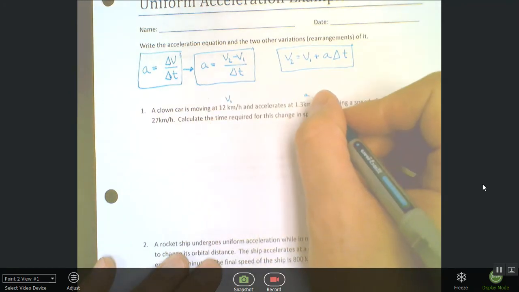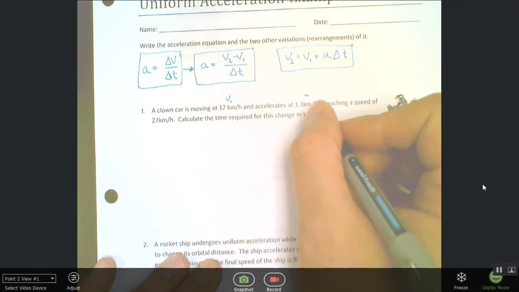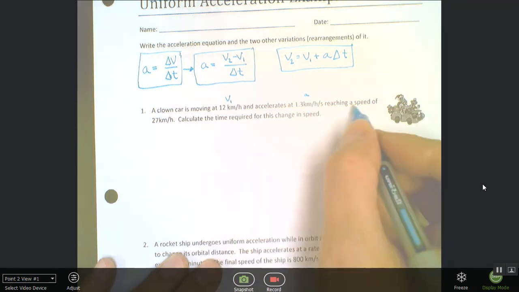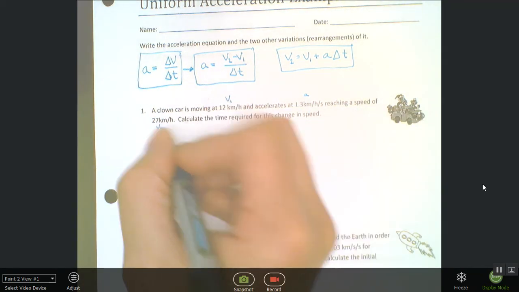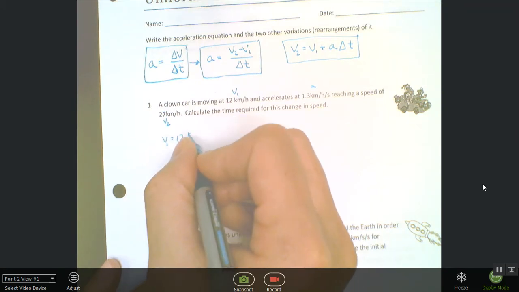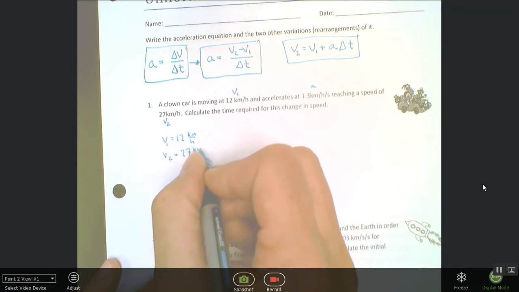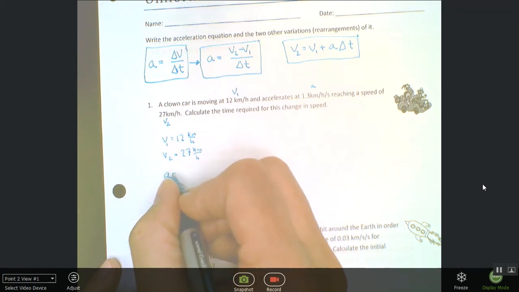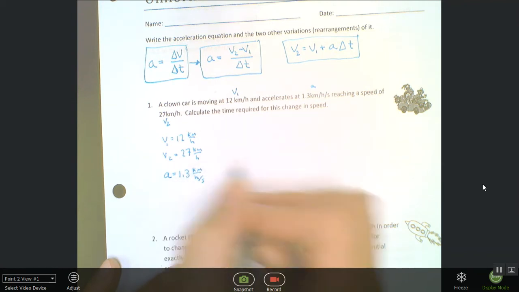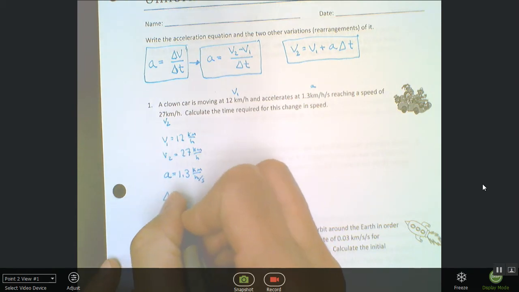We know this is acceleration because it's distance per time per time, and that automatically tells us that's an acceleration, reaching a speed of V2. So V1 is 12 kilometers per hour, V2 is 27 kilometers per hour, and the acceleration is 1.3 kilometers per hour per second. So how much time would this take?